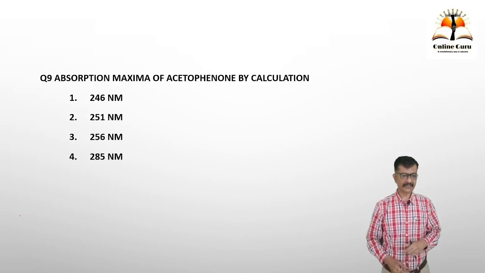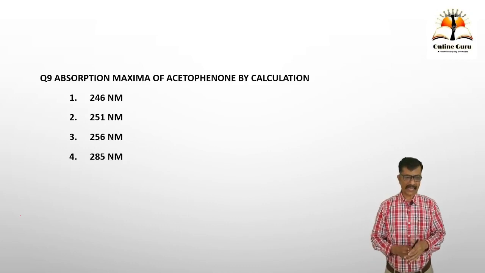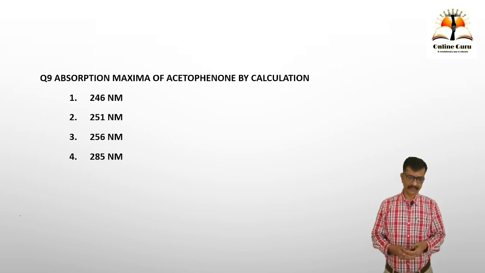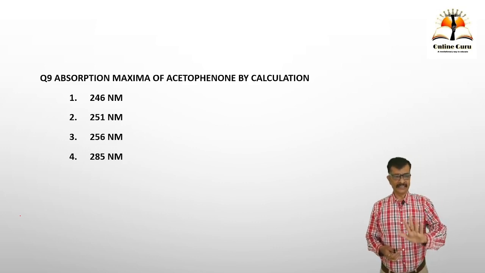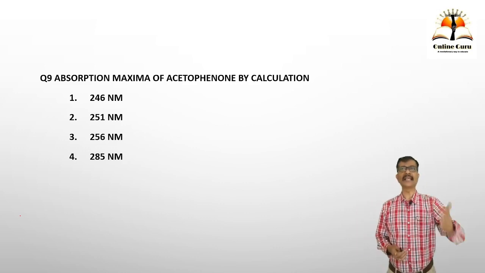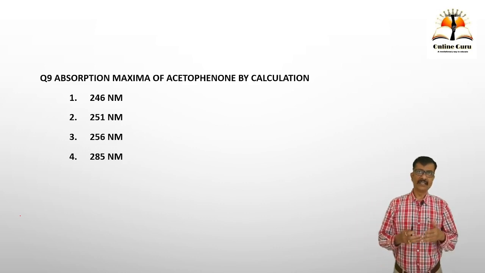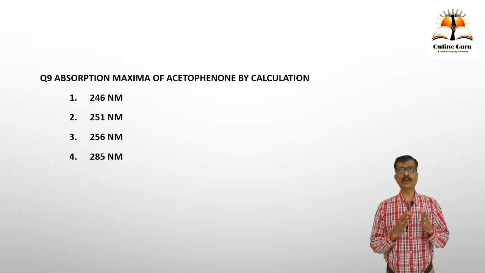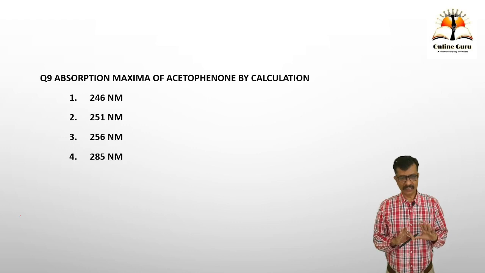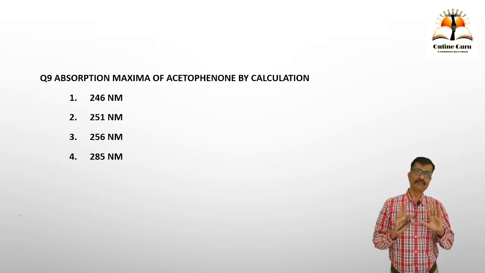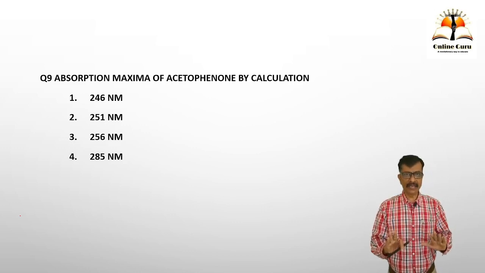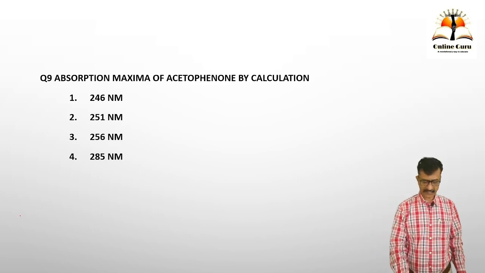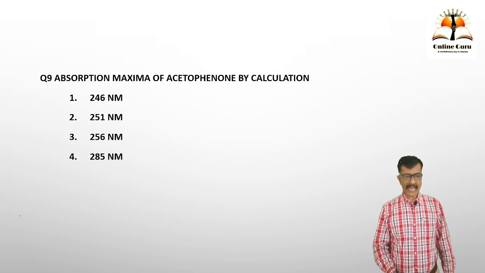Moving to the next, absorption maxima of acetophenone by calculation. Now this is an application-based question, the application of the Woodward-Fieser rule. If we know the structure of a compound, then from that structure we can theoretically calculate the lambda max of the compound.